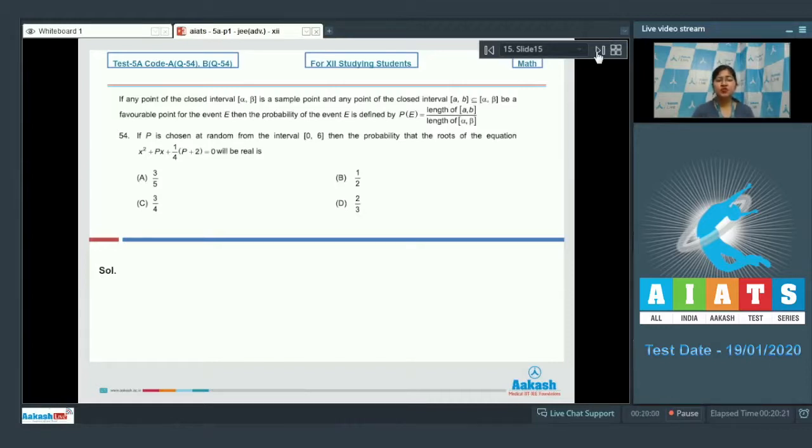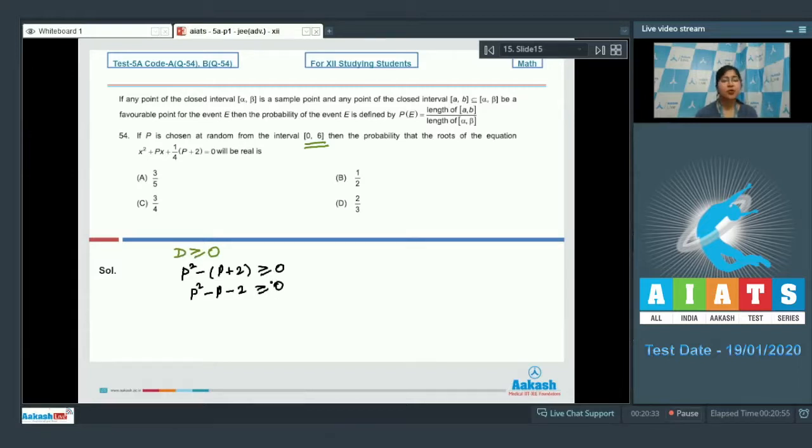It says if p is chosen at random from the interval 0 to 6. So this is the sample space. Then the probability that the roots of the equation x square plus px plus 1 by 4 times p plus 2 equal to 0 will be real is: roots will be real if discriminant is greater than or equal to 0, that is p square minus p minus 2 is greater than or equal to 0.